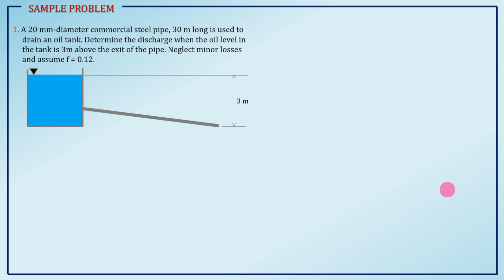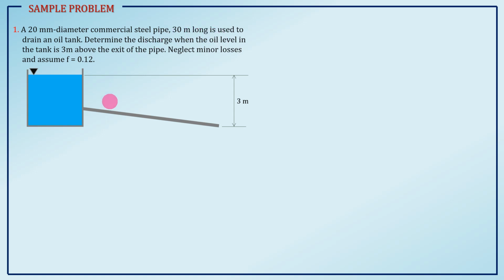A 20 mm diameter commercial steel pipe, 30 meters long, is used to drain an oil tank. Determine the discharge when the oil level in the tank is 3 meters above the exit of the pipe. Neglect minor head losses and assume f is equal to 0.12. So, let's write the given.